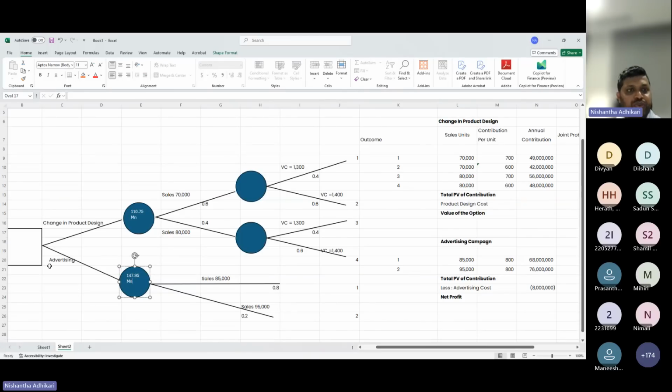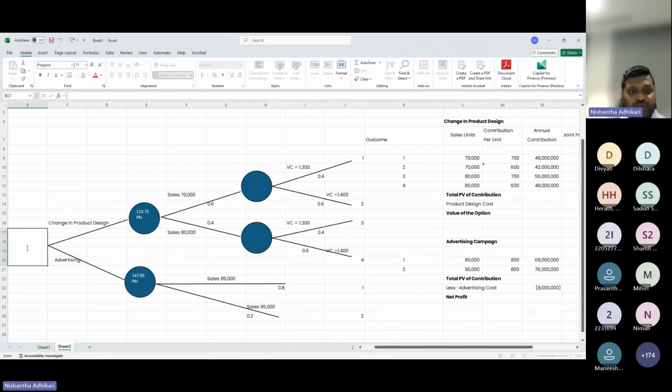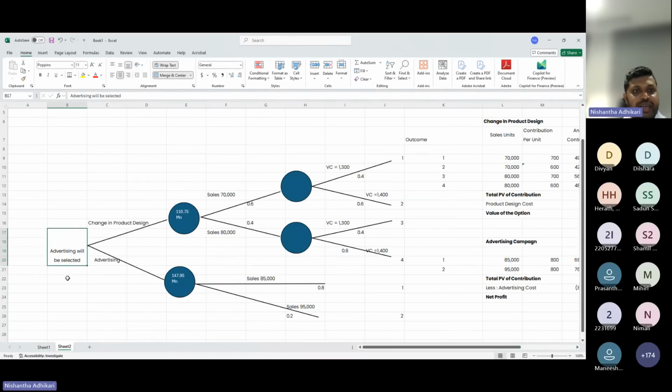Of these two, advertising will be selected. Then the expected value of the decision will be 147.95 million. That is how we can work it out.